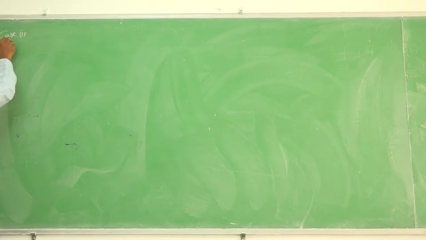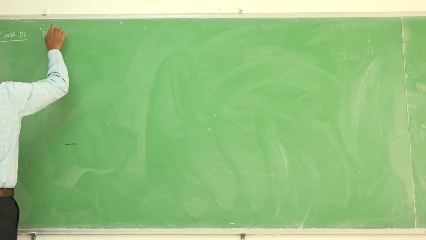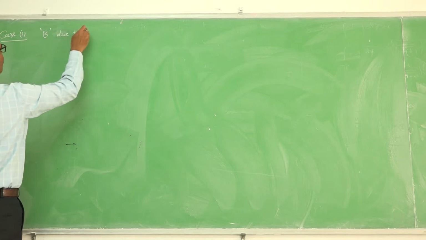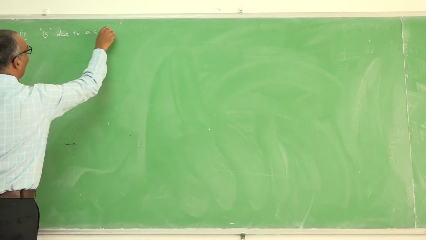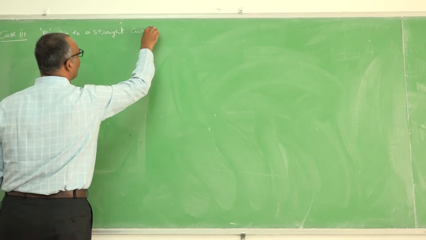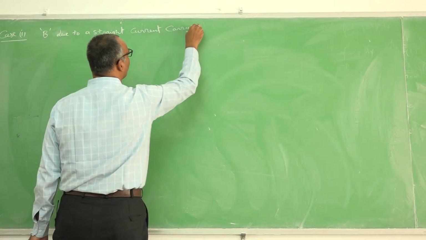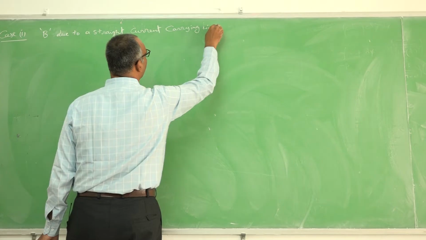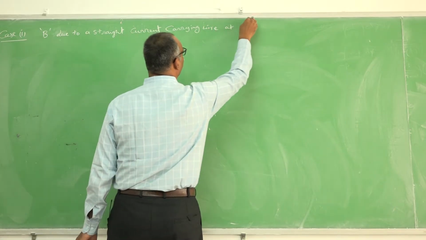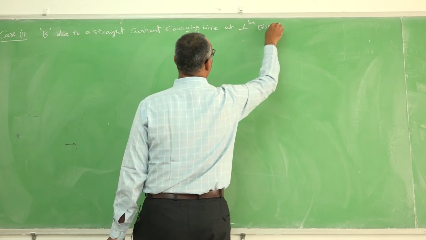Case 1: B due to a straight current carrying wire at the perpendicular bisector.